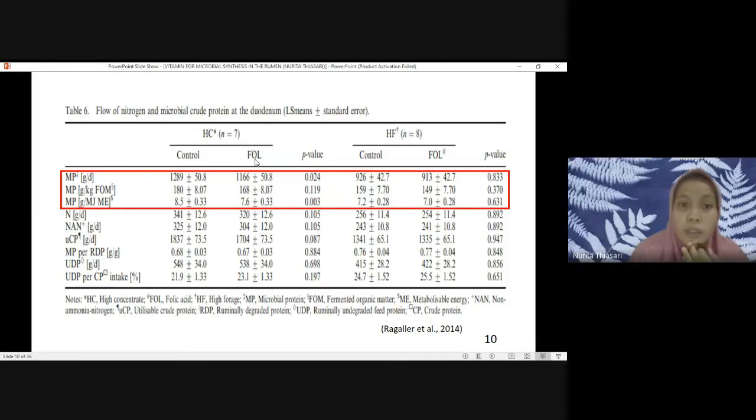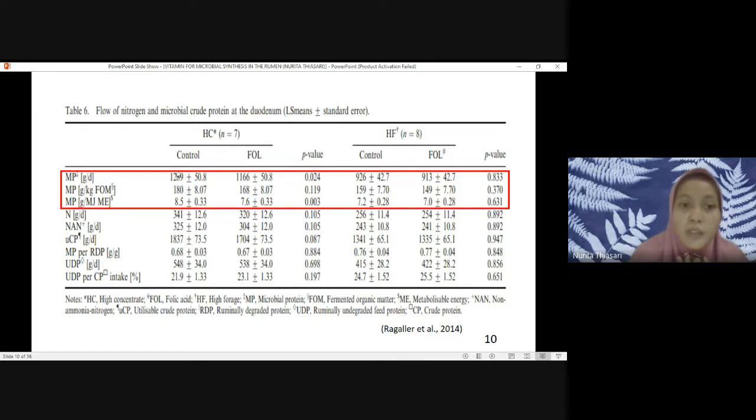But if the microbe with the addition of folic acid wants to synthesize the protein, like the same energy amount, but if we provide the folic acid, it will have more substrate for the protein synthesis, but the substrate needs more energy.